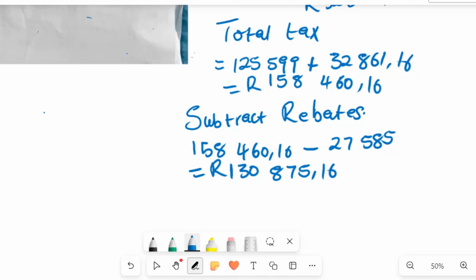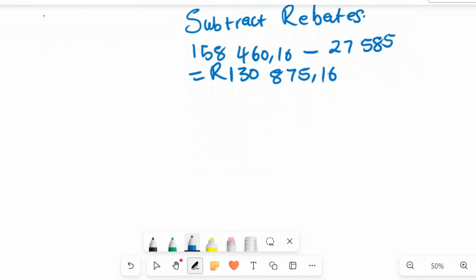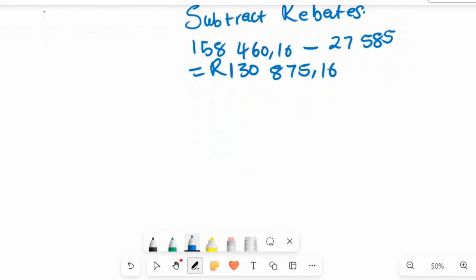Now let us subtract the medical credits from this amount. So we subtract the medical aid.